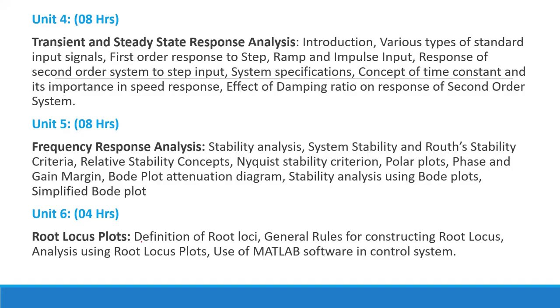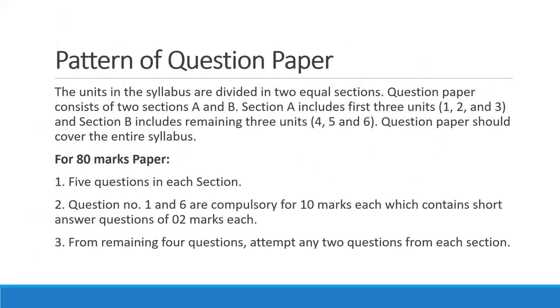Okay, so this was all about how your syllabus is divided, and your question paper pattern is as usual. You will have 2 sections in your question paper, Section A and Section B. Out of these, question number 1 and question number 6 will be compulsory, and these will have 10 marks each, with around 5 to 6 short answer questions of 2 marks each.